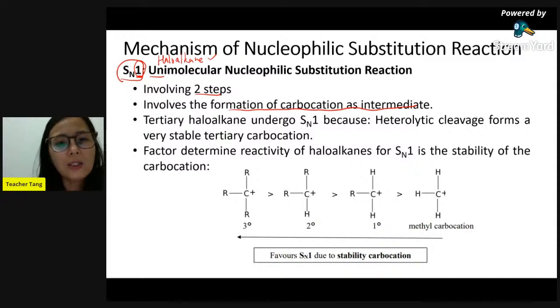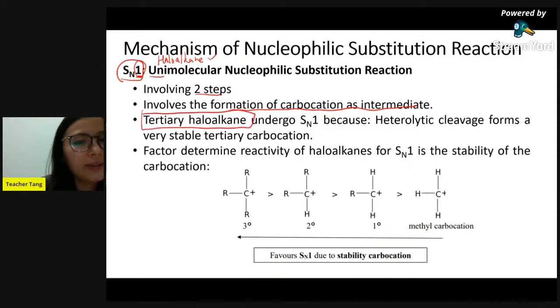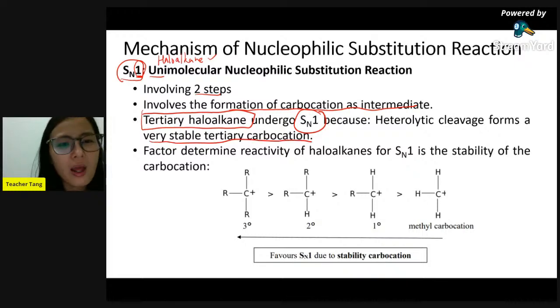Okay, so I told you already, tertiary haloalkane definitely will undergo SN1 because tertiary haloalkane gives the most stable tertiary carbocation. Therefore, if you see tertiary haloalkane, it will definitely proceed through the SN1 reaction mechanism.